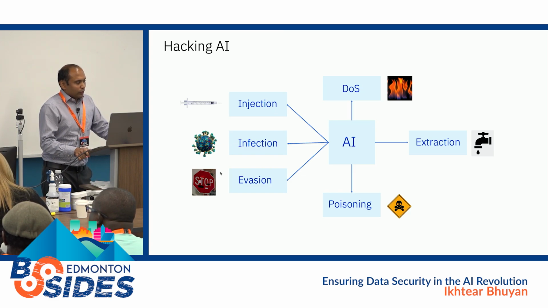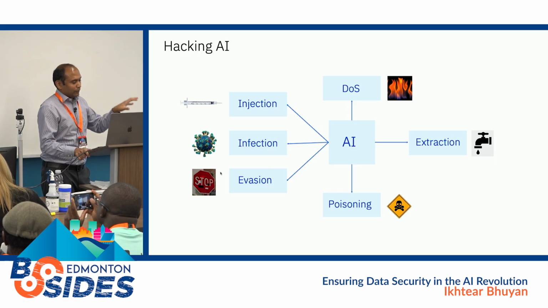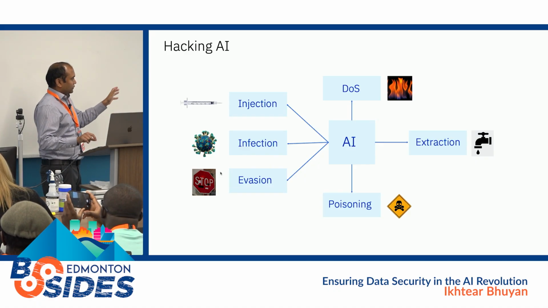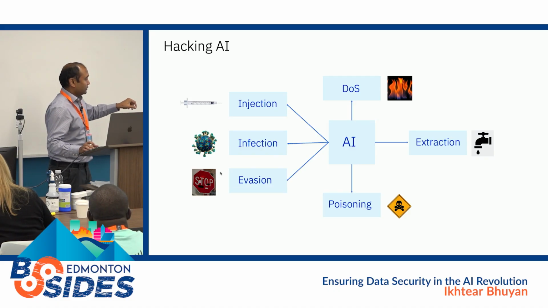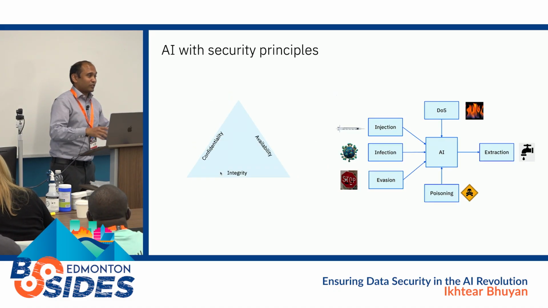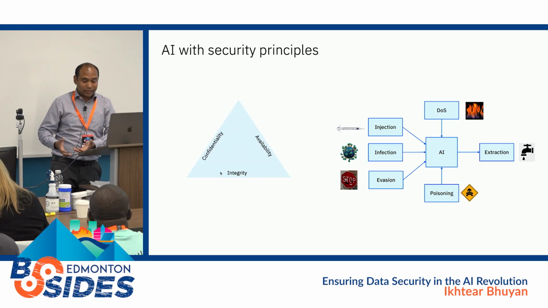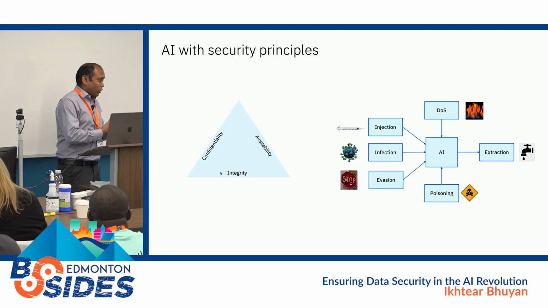So I gave you 6 different techniques that hackers, the bad guys, are using to hack AI. Now, think of those techniques from a security perspective, because we are here to secure our environment, secure our organization, and have a better security posture.